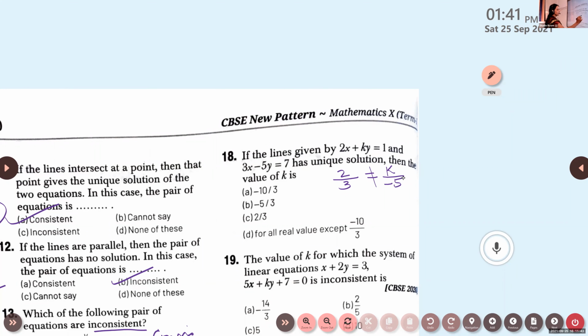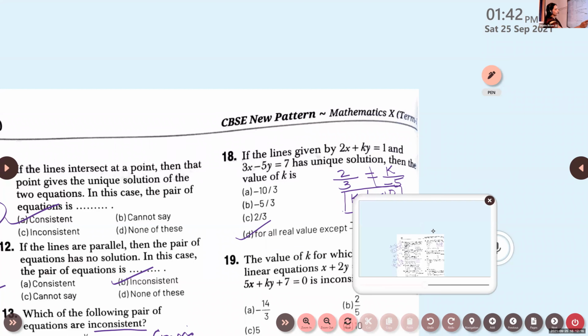When you cross multiply this, K is not equal to minus 10 by 3. So K can take all the values except minus 10 by 3. Condition for unique solution is A1 by A2 not equal to B1 by B2. Therefore, what is the answer? Option D is the answer.